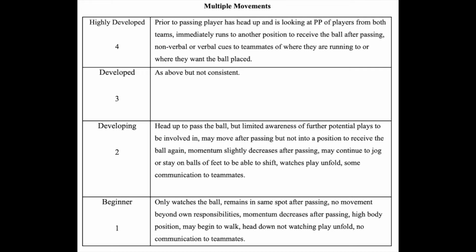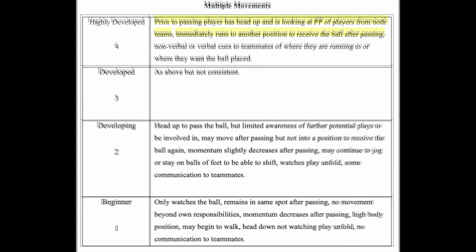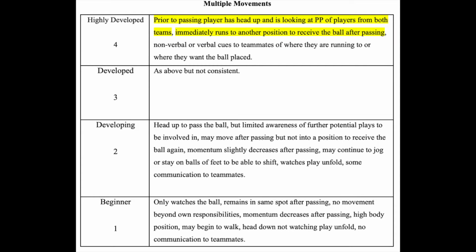These are just some characteristics that I have created to assess a player against the 4 levels of highly developed, developing, and beginner. I have also numbered these 4 for highly developed all the way through to 1 for beginner, and this will help us with coding when we're observing players, which I'll be able to show you later on.